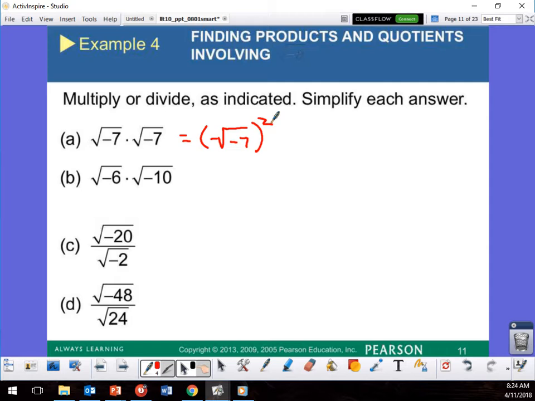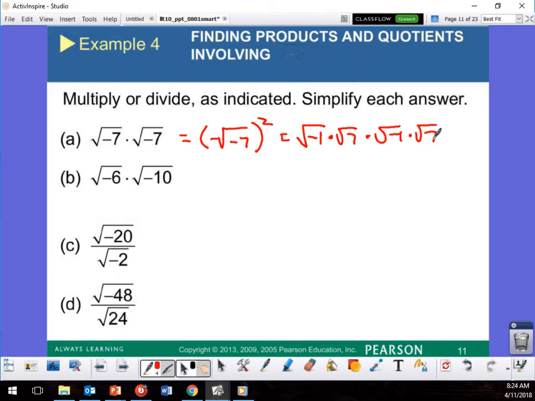Now, I'll show you the whole reason behind it. If I were to factor this out and break it down to the smallest components possible, I have rad negative 1 times rad 7 times rad negative 1 times rad 7.